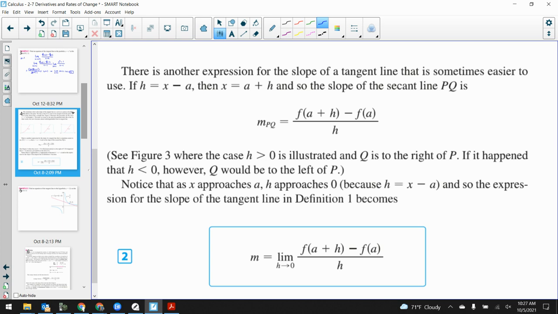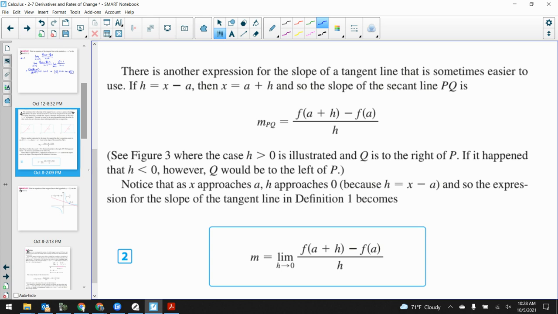So in other words, what we could say is, well, what if we let h be that difference? What should happen to h then? We want it to go to 0, right? If h is truly the difference between x and a, then I want h to be so small it's negligible. I want the h to go to 0.